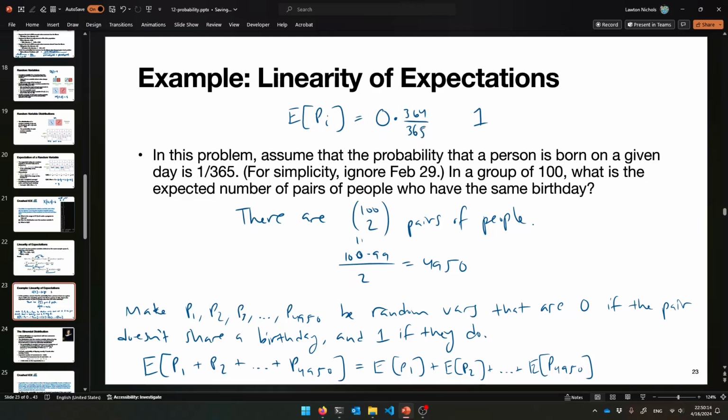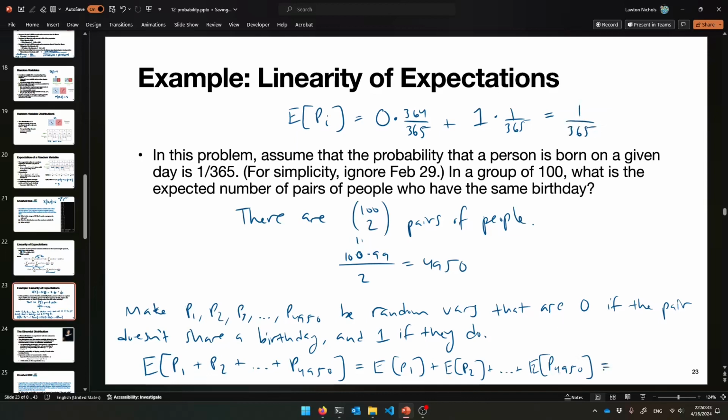But there is a 1 in 365 chance that they do, that they're both born on the same day. That's the odds that a pair of people were born on the same day. The expected value is this weighted average, and the 0 of course cancels. And so the expected value for each random variable is 1 over 365.